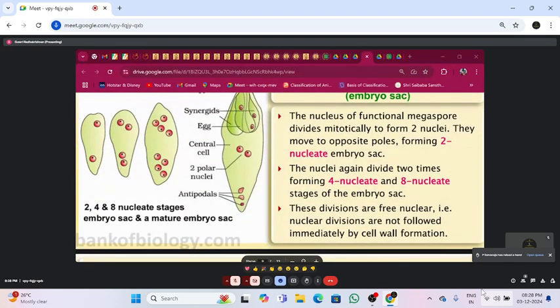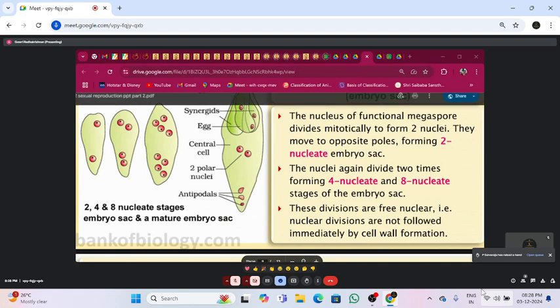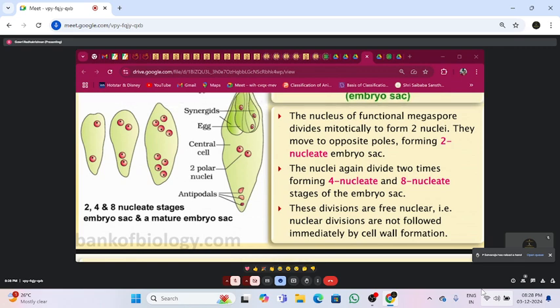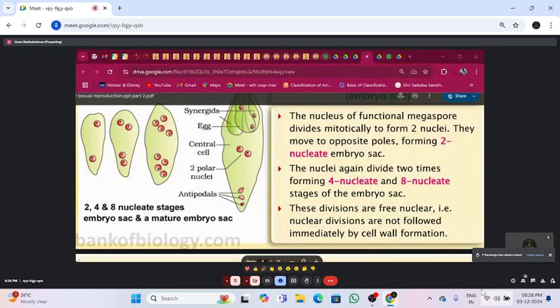And the nucleus of the functional megaspore divides mitotically to form 2 nuclei. They move to opposite poles, forming a 2 nucleate embryo sac. Then the nuclei again divide 2 times, forming 4 nucleate and 8 nucleate stages of the embryo sac.